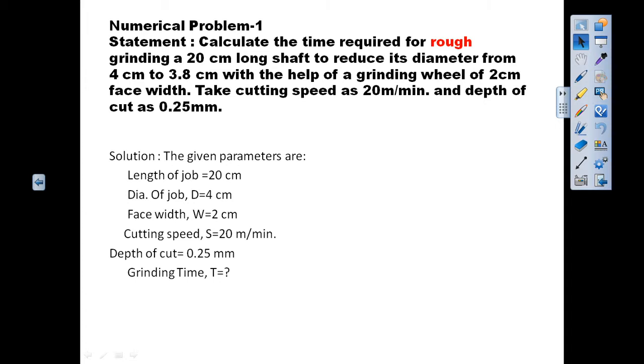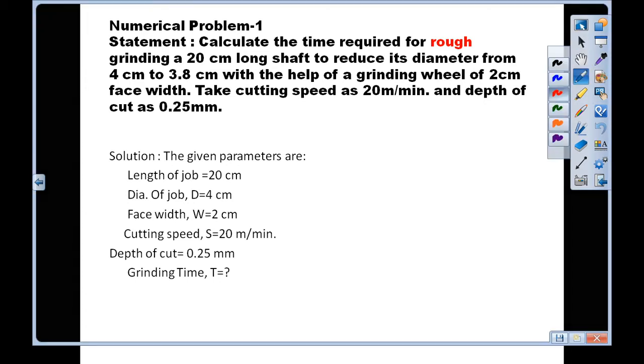Now I will take one numerical to understand this operation. I am reading the statement. Calculate the time required for rough grinding of a 20 centimeter long shaft, so the length of the job is 20 centimeter, to reduce its diameter from 4 centimeter to 3.8 centimeter.